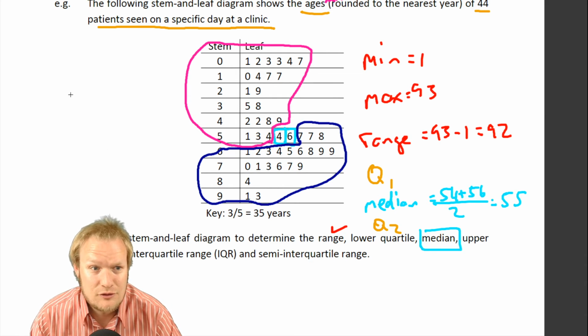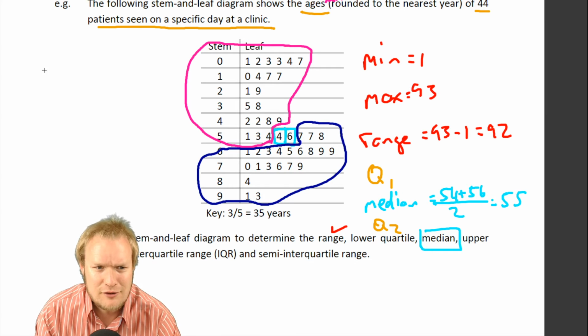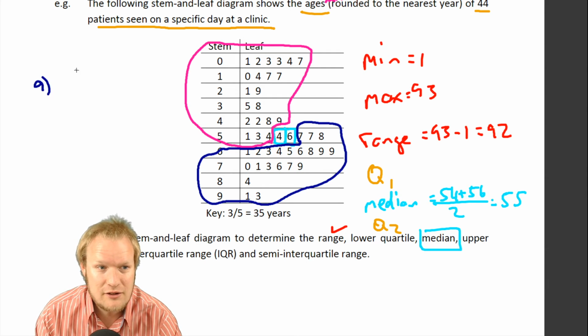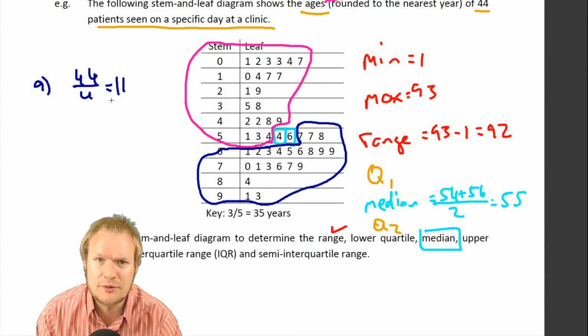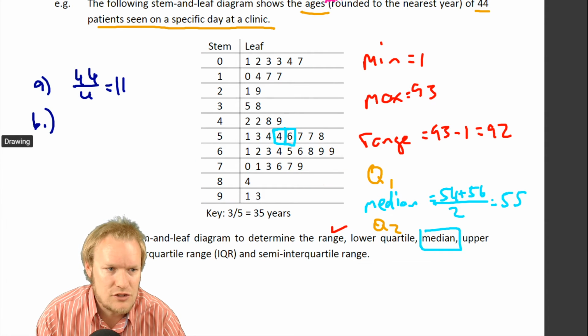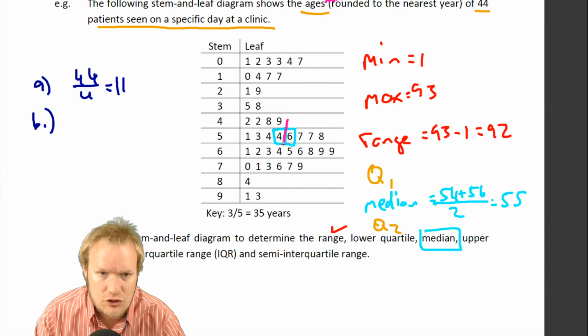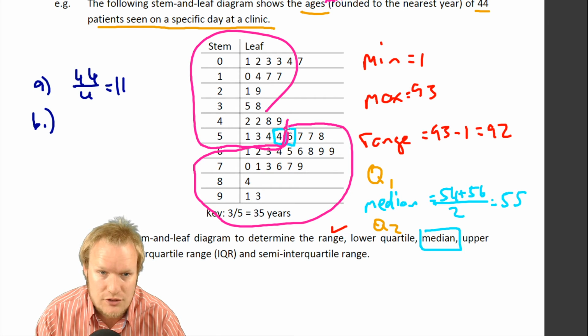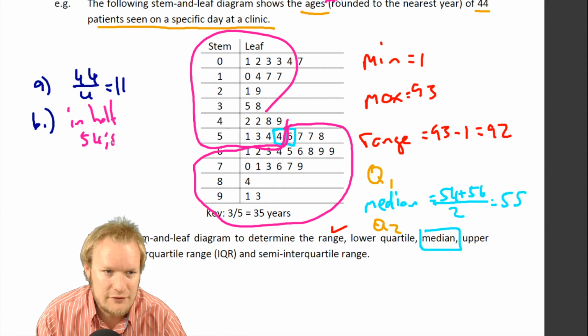Okay, so now you need to vote. Which one do you think is best? Very briefly, why? Option A, 44 divided by 4, the 11th position. Option B, we took the data set and divided it into 2, and we included both of those middle values, 54 and 56.